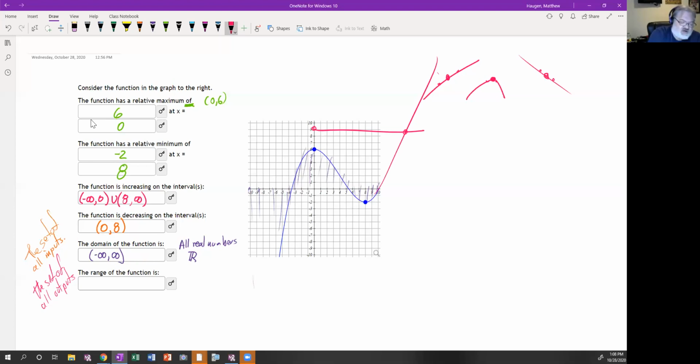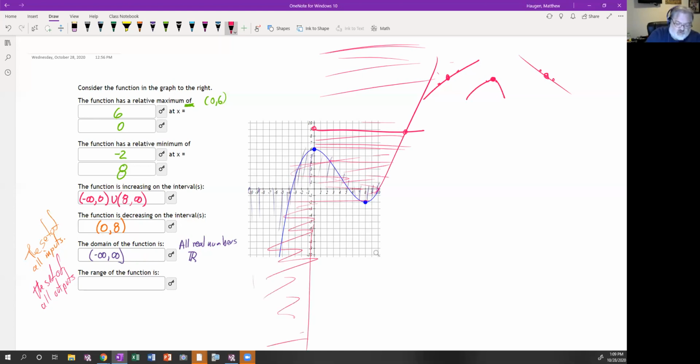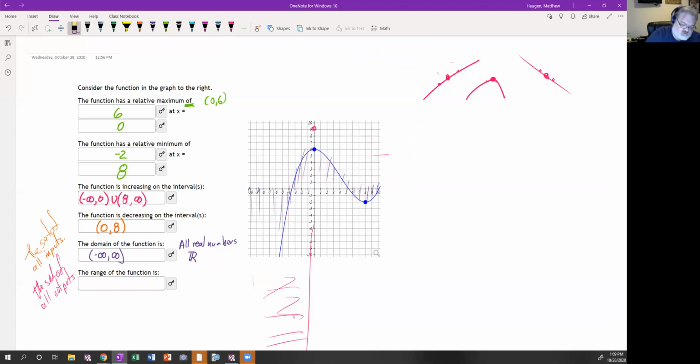So's 10, 11, 12, 13, 14, all the way up. All those have values. Some of these y values come up multiple times. That's okay. All the negative y values get used somewhere, right? So what's its range? Its range is also all reals.